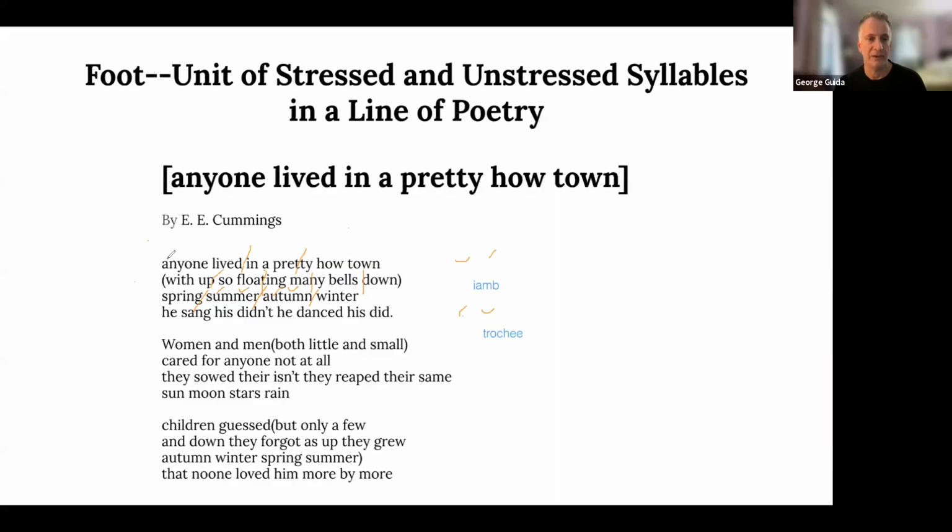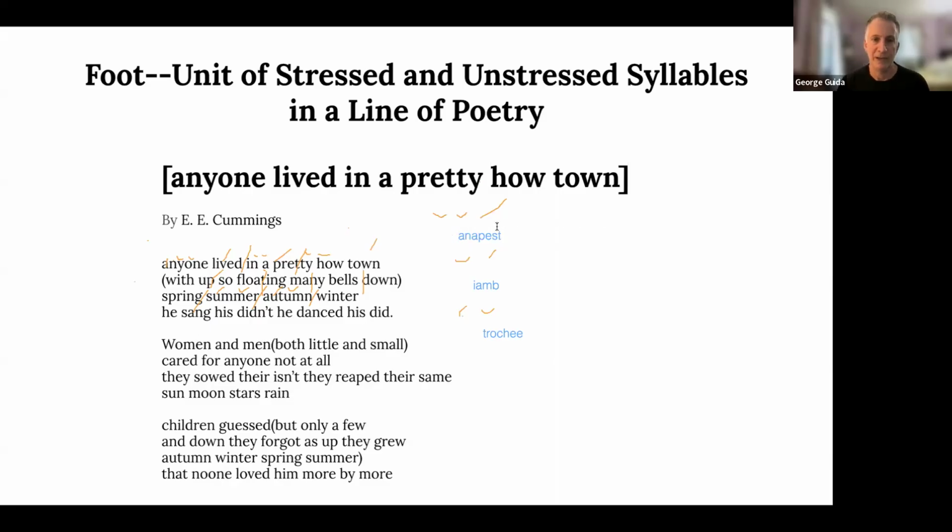So if we knock off that first syllable, we take it from here, lived in a pretty how town. That pattern is unstressed, unstressed, stressed. And this is called an anapest.